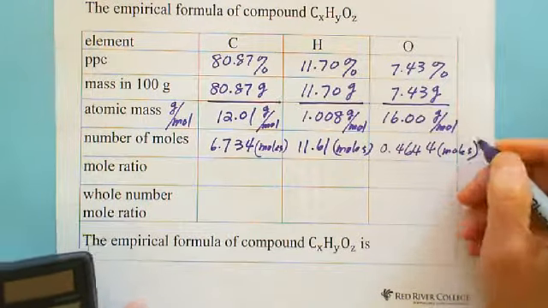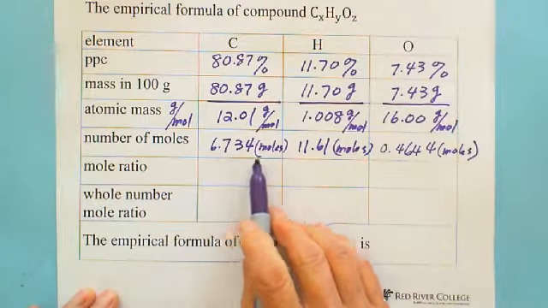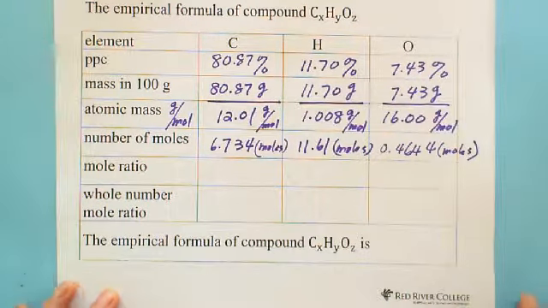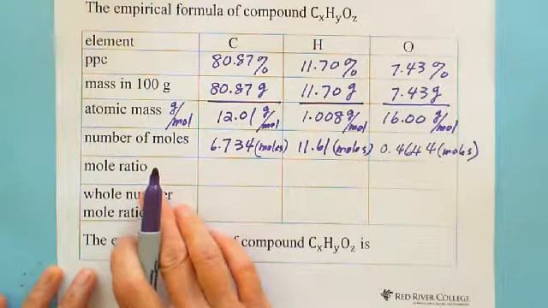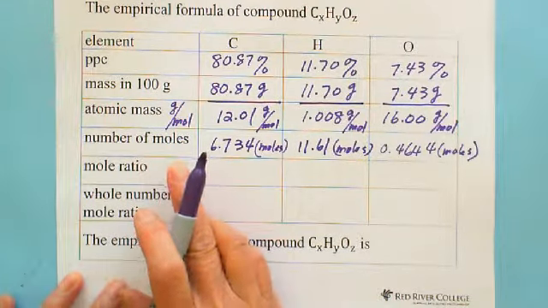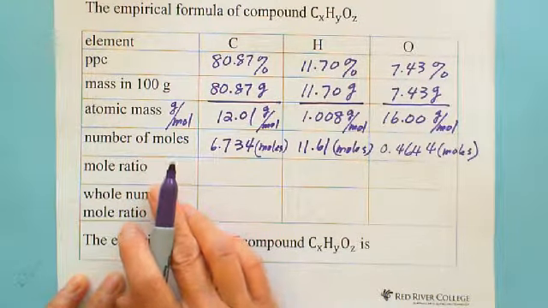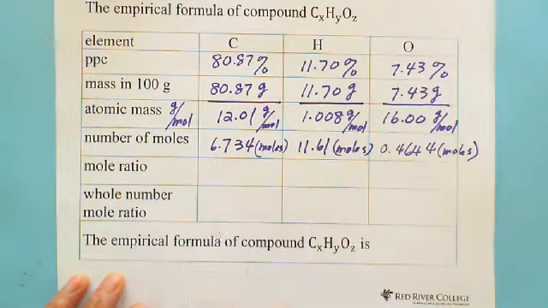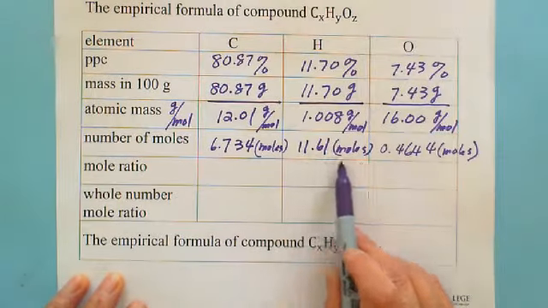As we know, the number of moles are all decimals. So that's why we need to find the mole ratio. The empirical formula is the simplest formula, which shows the simplest ratio of each element in moles. So how can we make the ratio?